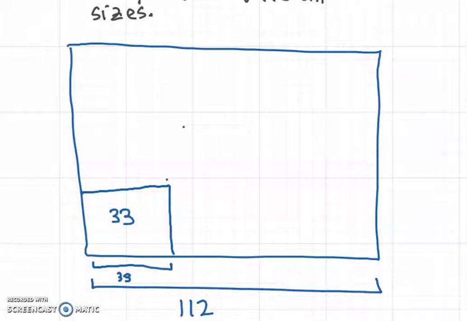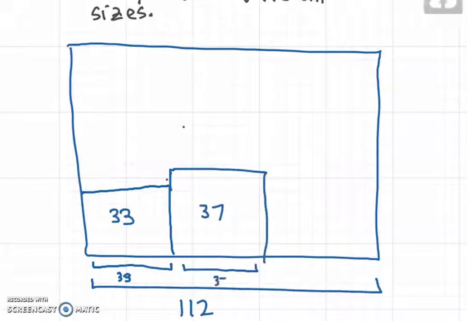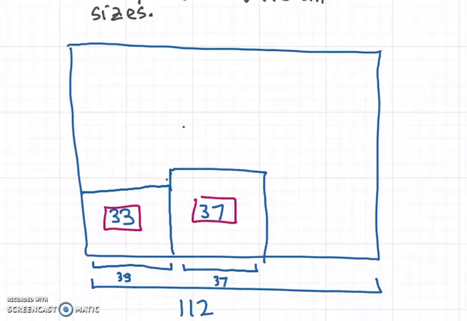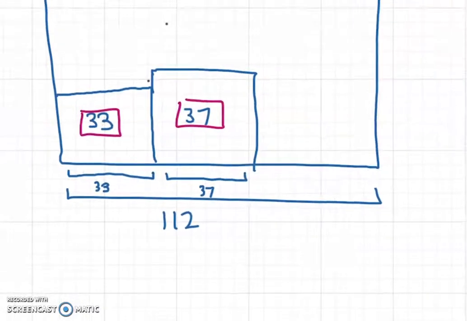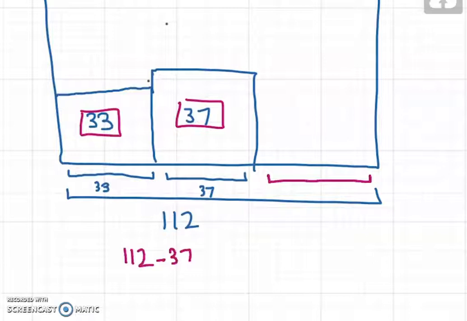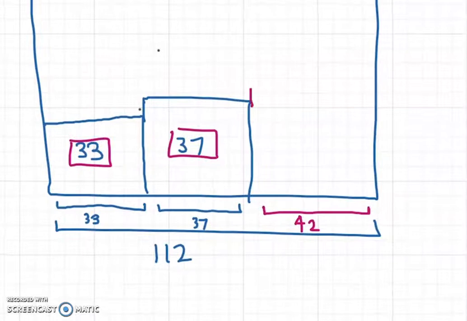And now I'll make a square of side length 37 over here. Okay, so what's left? What's this distance left over here? Distance is 112 minus 37 minus 33, which is equal to 42. So we have 42 over here, and we can make a square of side length 42.